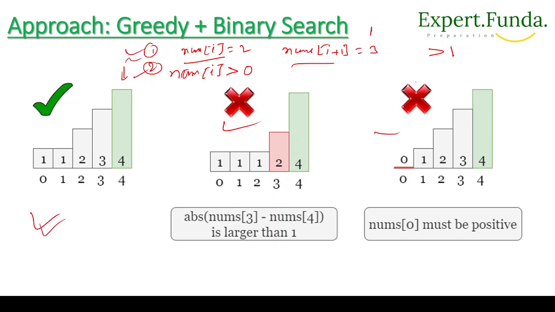The difference should not be greater than 1, and nums at i should not be 0. It must be a positive number, not 0. Yes, it must be positive, as you write, like this.